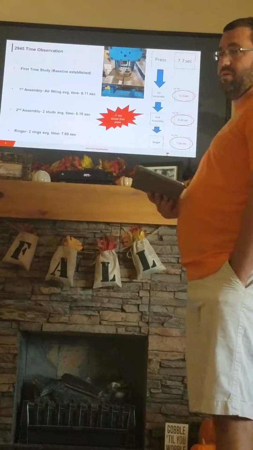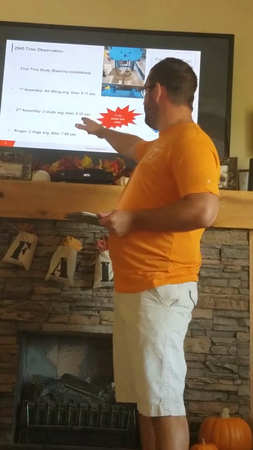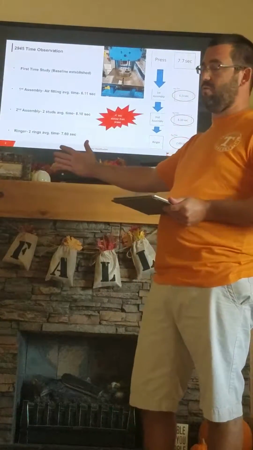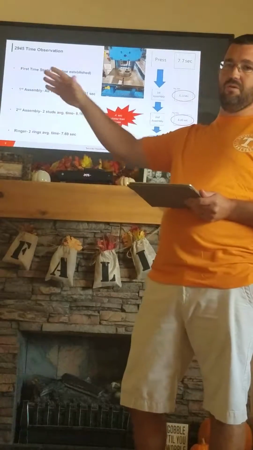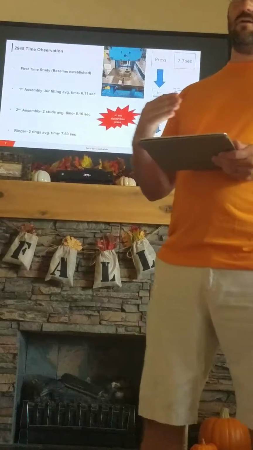So putting in one stud at a time, it was taking them 8.1 seconds, which was 0.4 of a second slower than our first assembly. So that was where we identified our bottleneck.